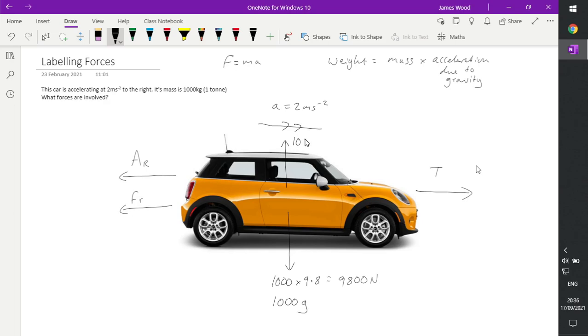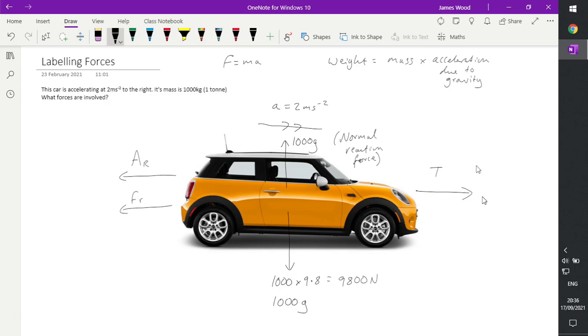So that's also going to be 1,000 G. And what we call this reactive force is we call it the normal reaction force. The reason we say normal is because it acts at 90 degrees to the floor, 90 degrees to the surface that you're on.